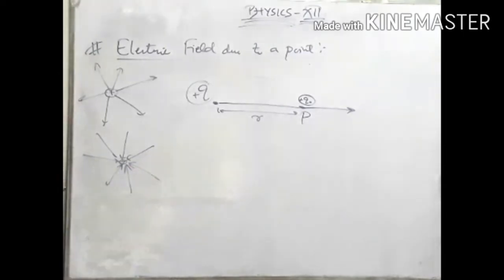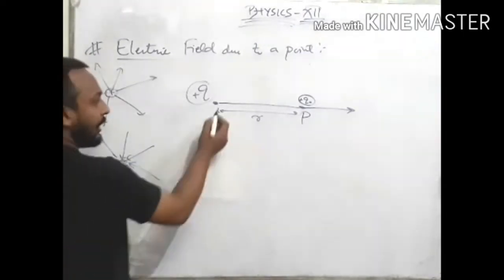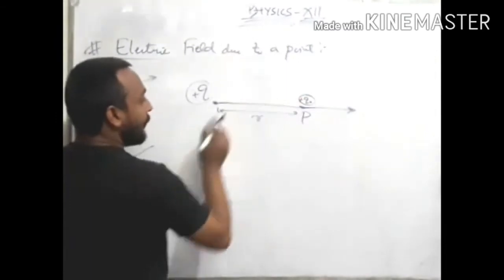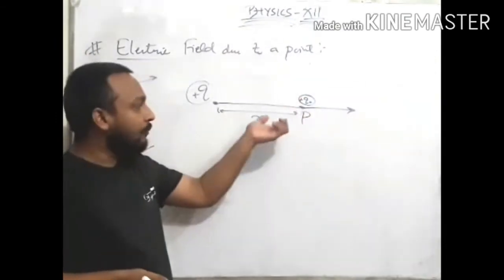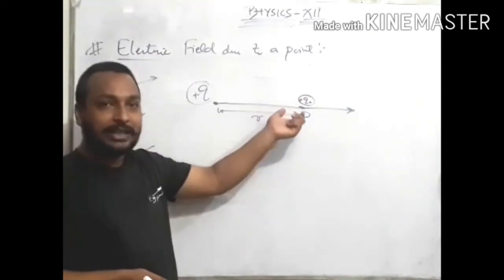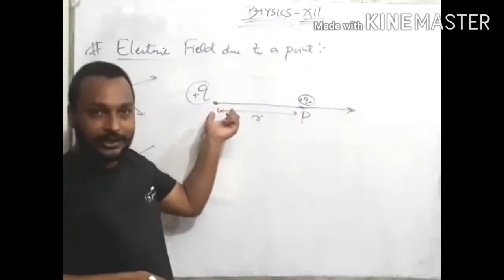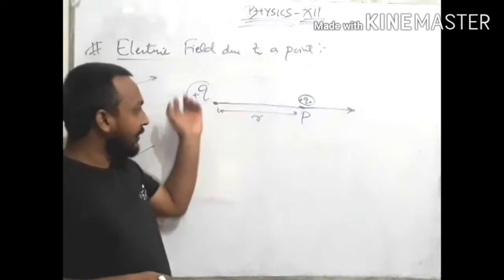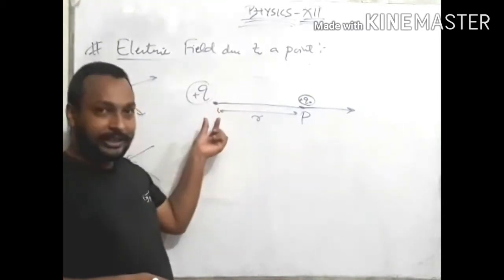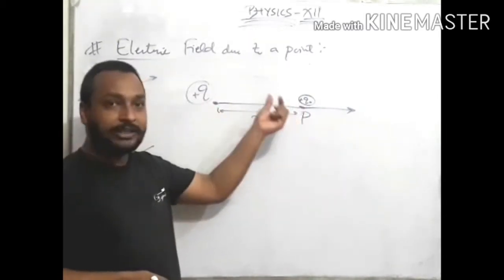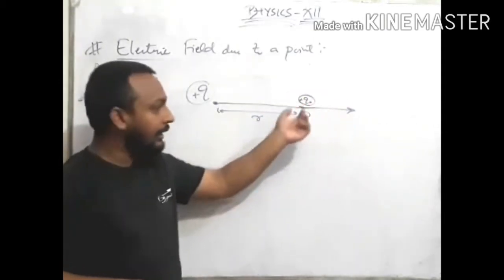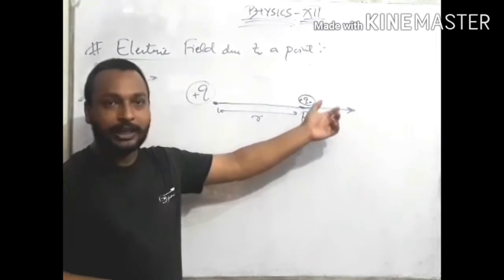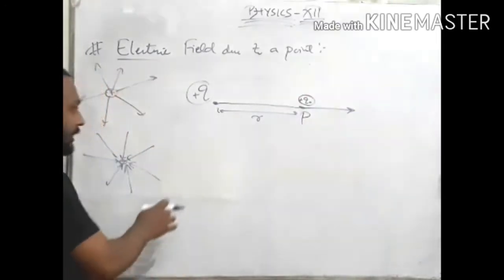Here it is a positive charge, so the field goes away, because an electric field line actually shows the path of movement of a positive test charge in the vicinity of any given charge. That direction is the direction of the electric field. So here the distance is r.